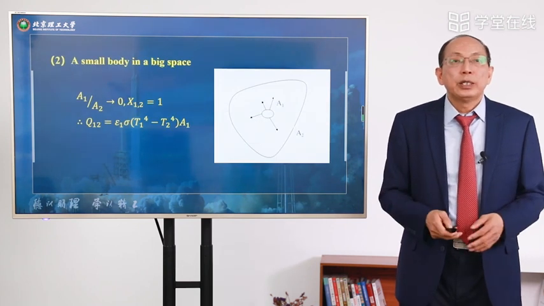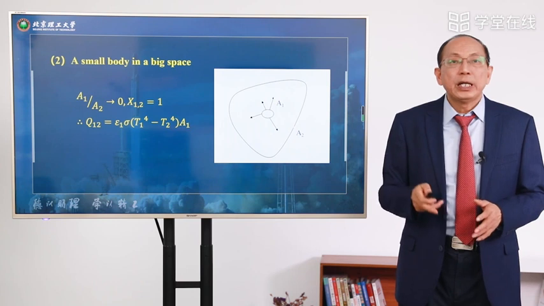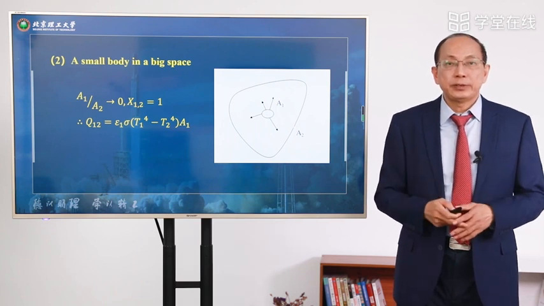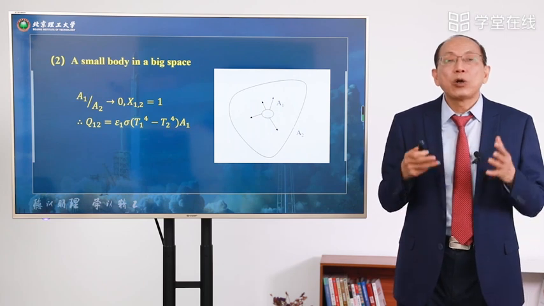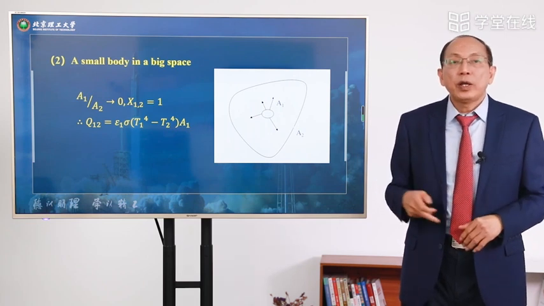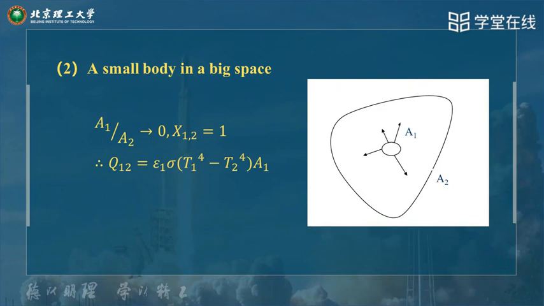Example 2, a small body in a big space. This body has no concavity; it is a ball. In this case, A1 over A2 is close to 0, because A1 is very small.